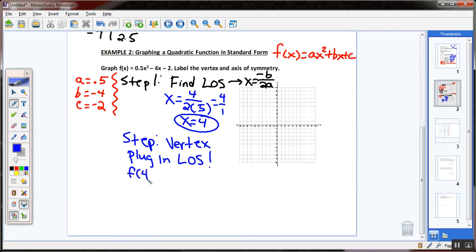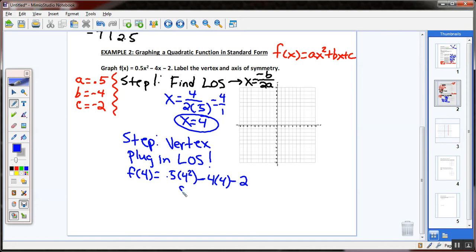When I input 4, we get 0.5 times 4 squared minus 4 times 4 minus what value? Help me do some calculating here. What is 4 squared? 16. Half of 16 is?